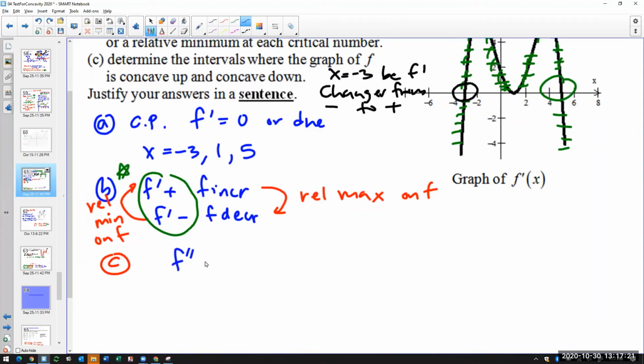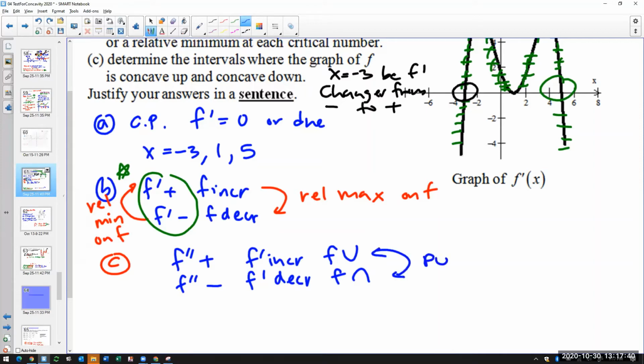When f double prime is positive, f prime is increasing and f is concave up. When f double prime is negative, f prime is decreasing and f is concave down. If it's in the same row, they are synonymous with each other. If it ever changes rows, it's a point of inflection.